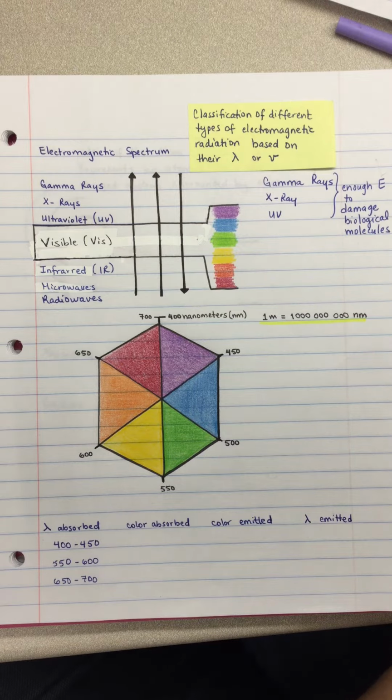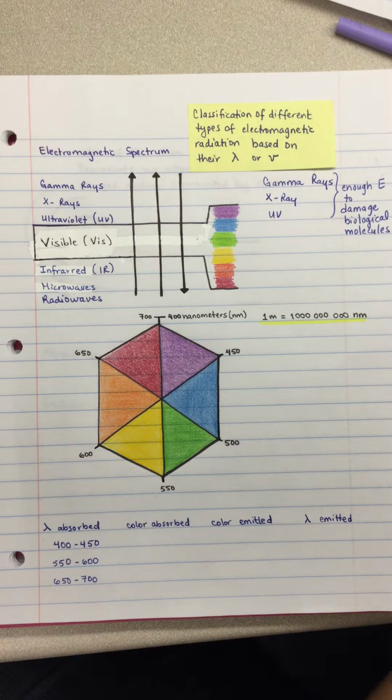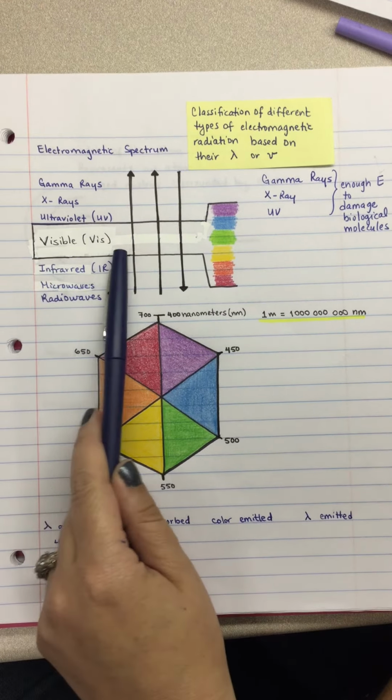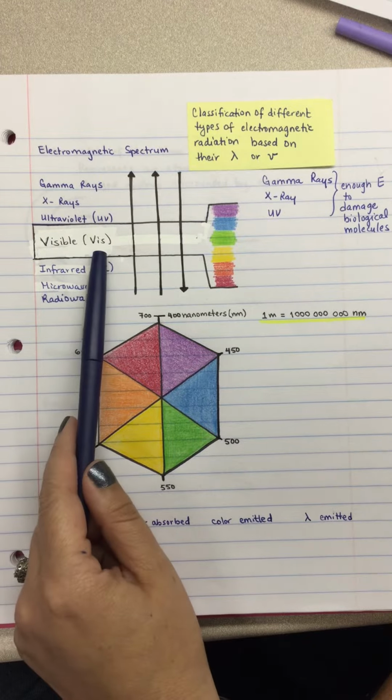There are different types of electromagnetic radiation, and we can organize electromagnetic radiation using that property of wavelength. Okay? So depending on the range of wavelength that you're looking at in this spectrum here, you're going to have different types of radiation. So we're going to be focusing on this part here of your electromagnetic spectrum, where you have the visible part.